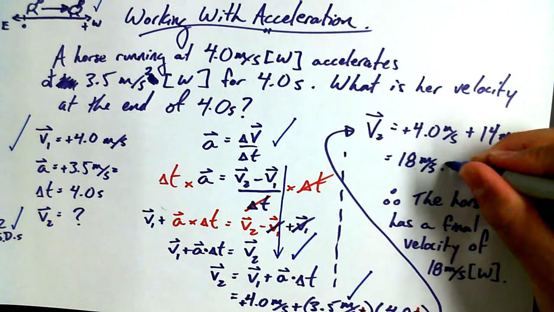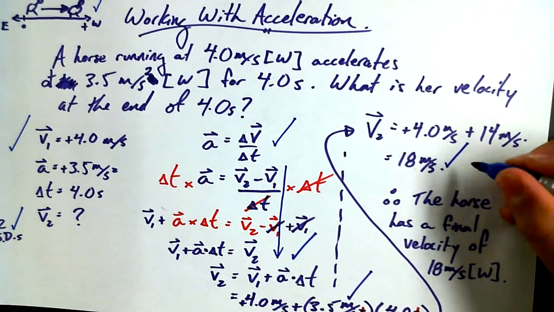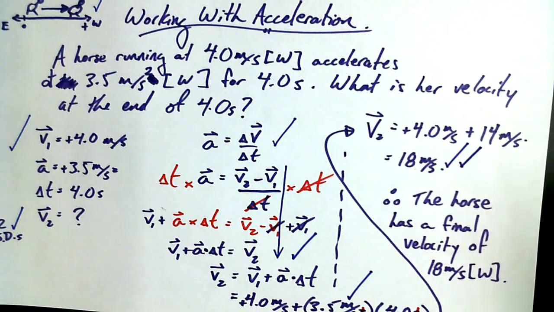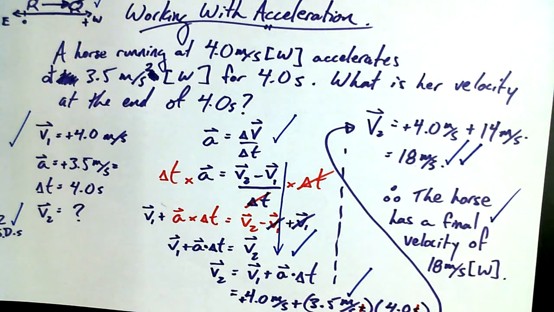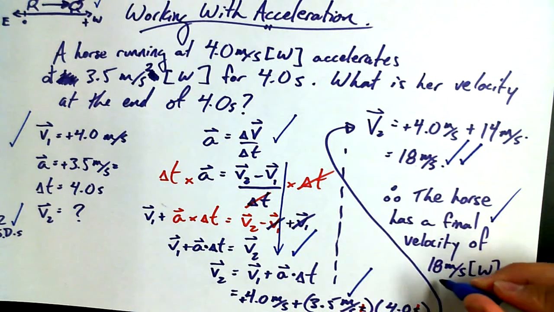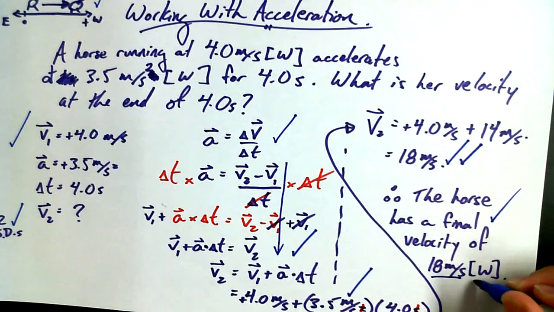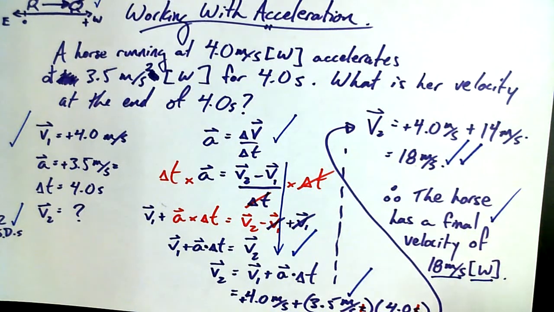You get your final answer. You also have to have your final answer, if you need to do any rounding, rounded to the appropriate number of significant digits. Okay? And then finally, you have a therefore statement, and within your therefore statement, you have your numerical answer, and if necessary, associated direction. Okay?